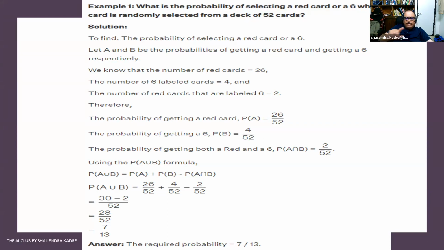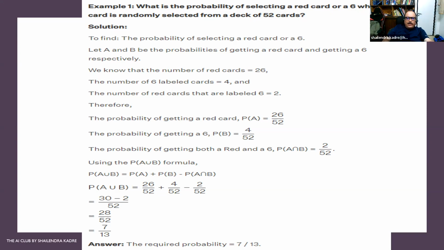What is the probability of getting both red and 6? Such cards are 2, so 2 divided by 52. That is A intersection B, the red card with 6, so 2 by 52.